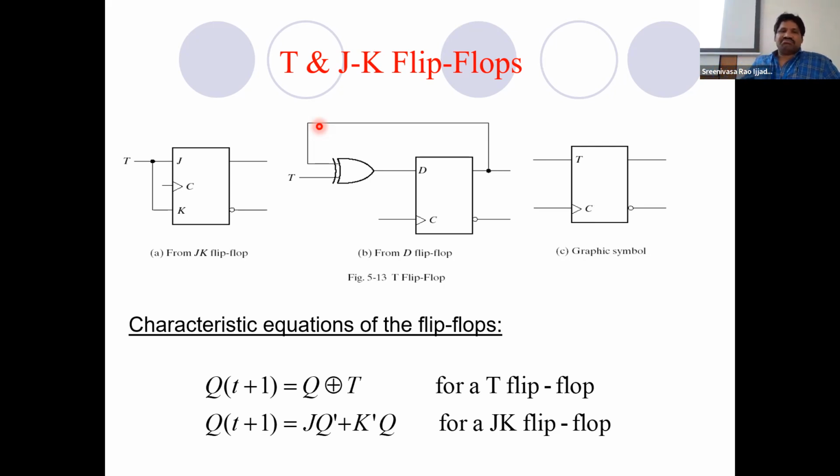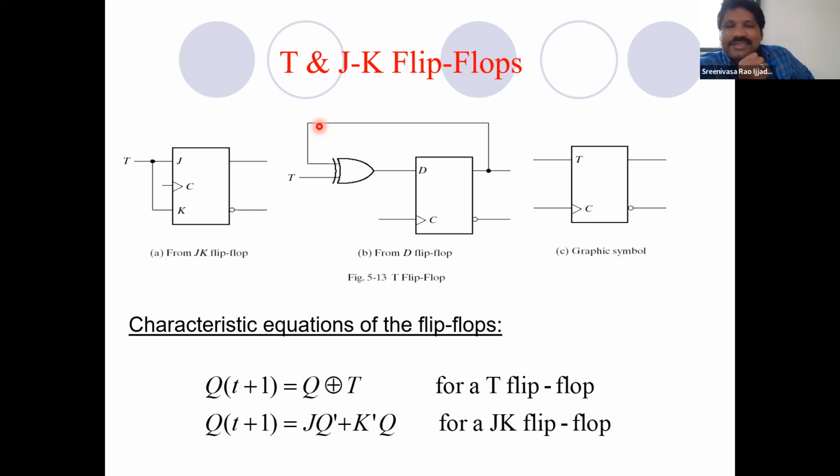In the T flip-flop, see the characteristic equation. The characteristic equation is nothing but the next state. As I told you, in a sequential circuit the next state is a function of the inputs and the present state. There is no output here; we should say inputs, present state, and next state.